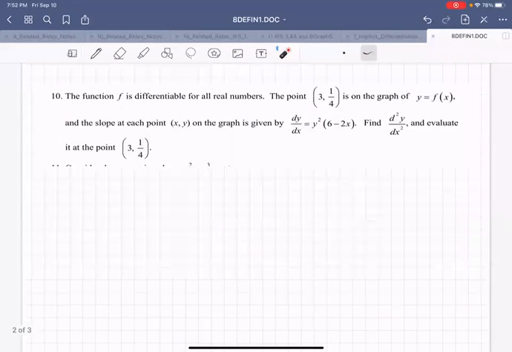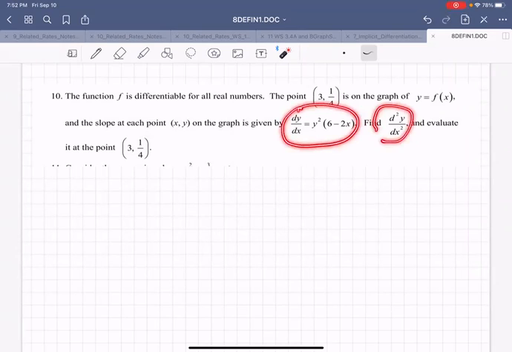Angela, do you want to give it a try? Yeah, let's do the second derivative. So you use the product rule, right? When we write down this second derivative, we have to write it very neatly. If you write it this way, your teacher might take off all your points.